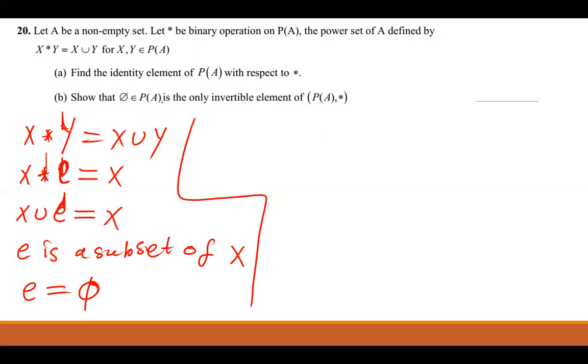And for finding the inverse, we know to say, if you have any element A, A star A inverse, the answer is always supposed to be the identity element.